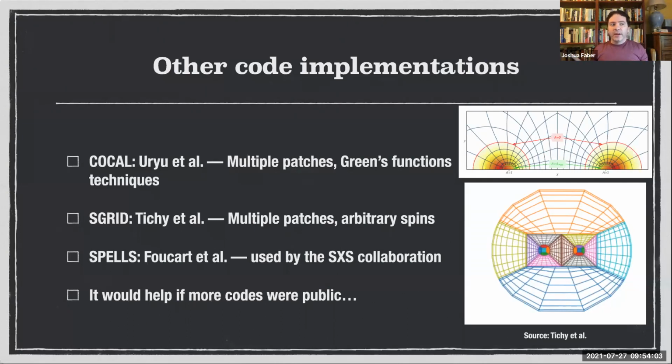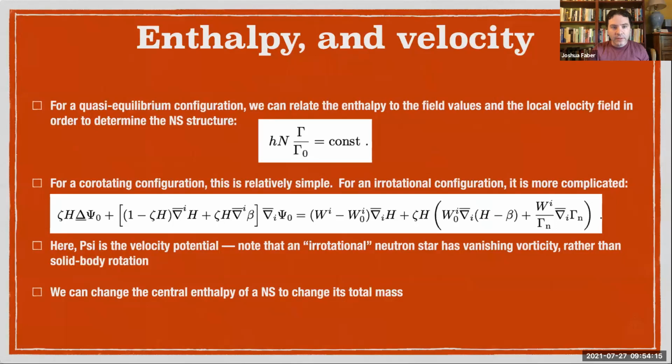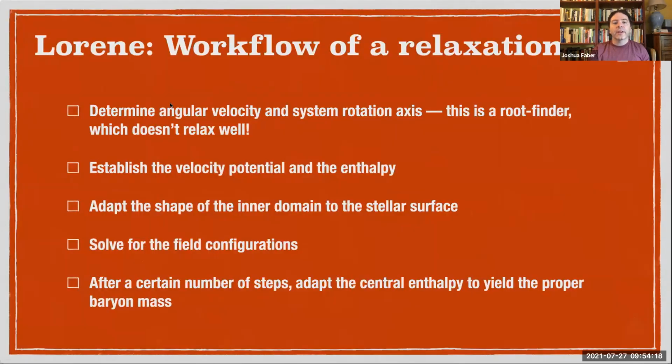Some of the challenges, if I could go back, sorry. Okay. If I go back, the first step here, let's say we wanted to do this in Lorraine, though this would be generic for any code, would take some thinking about. Lorraine determines the angular velocity and the system rotation axis by making sure that the centers of the stars are located at the right points, where the centers of the stars are where it attributes the maximum enthalpy within the star.